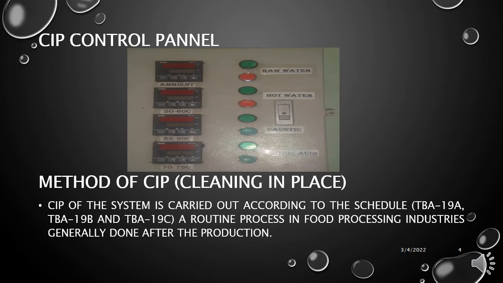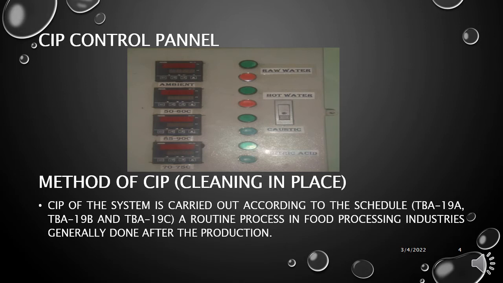Here is the CIP management panel, where we can control the amount of raw water at ambient temperature, hot water at 50 to 60 degrees Celsius, caustic concentration at 85 to 90 degrees Celsius, and nitric acid at 70 to 75 degrees Celsius. We will discuss this in detail in the CIP process.